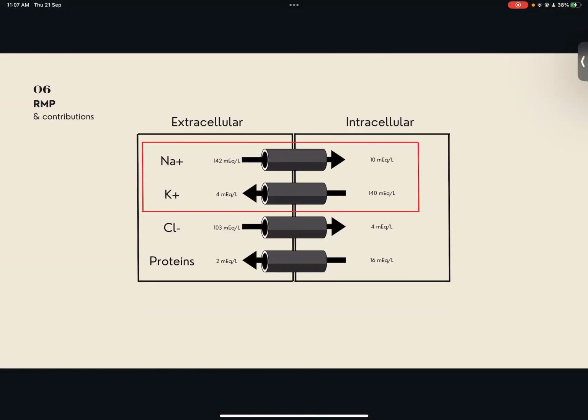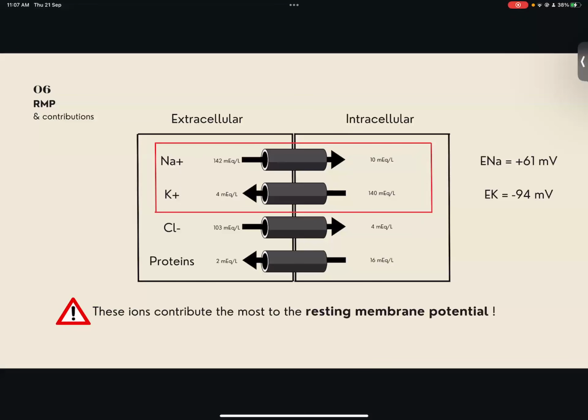At rest, given these concentrations, which are 142 and 10, and 4 and 140, the equilibrium potential for sodium is positive 61, and the one for potassium is negative 94 millivolts. You don't need to dig too deep into what these numbers specifically mean.